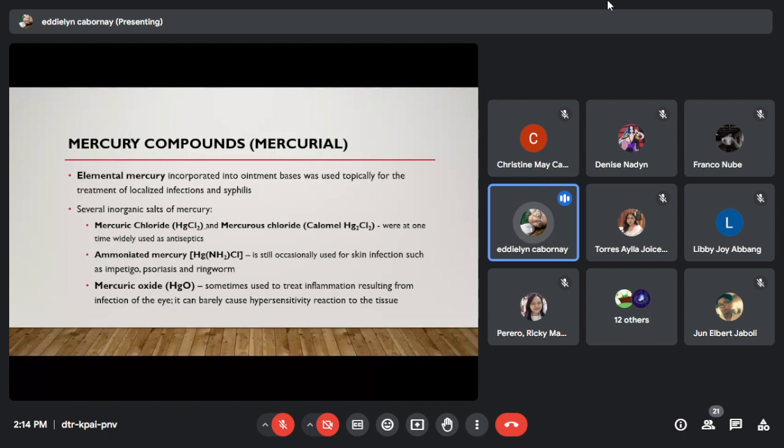Ammoniated mercury is used for impetigo, psoriasis, and ringworm. While mercuric oxide is used to treat inflammation resulting from infection of the eye, it is barely used because it can cause a hypersensitivity reaction in the tissues.